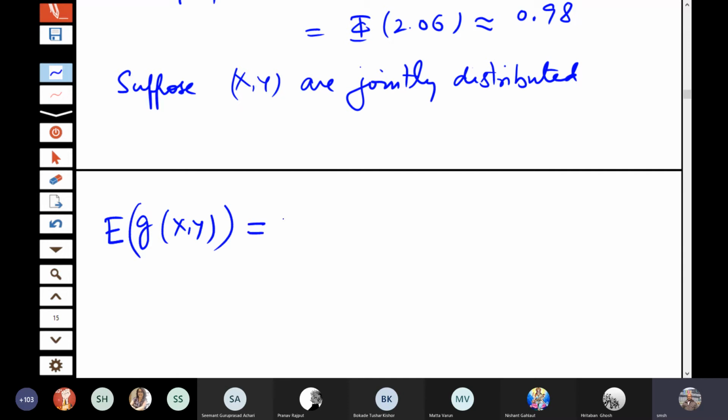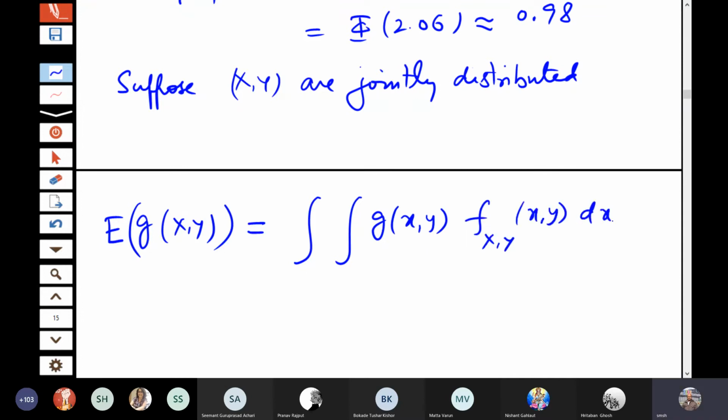Then what I have to do? Either it is a summation or an integral. So suppose I consider the integral. Then this is equal to the integral of g(x, y) f(x, y) dx dy, or dy dx, in whatever way you want to write.